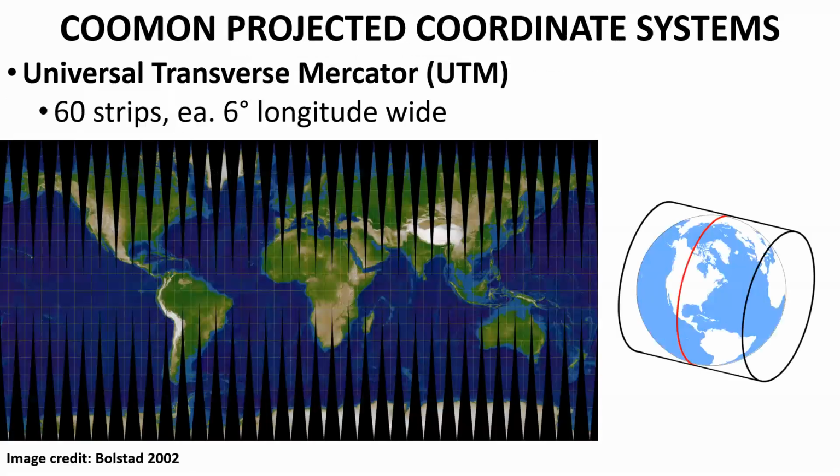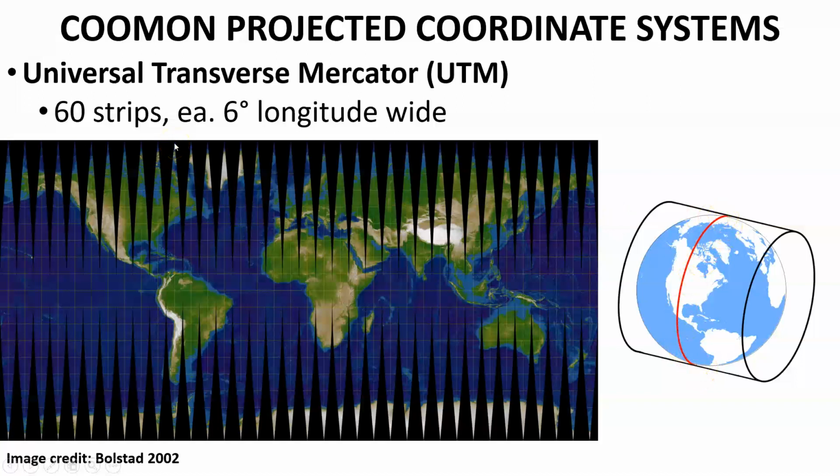Let's look at some common projected coordinate systems, or some common projections. The Universal Transverse Mercator is a common one. When we look at this transverse Mercator projection, we want to imagine that there are different bands. Remember that the line at which the cylinder touches the globe is the area with the most accuracy.